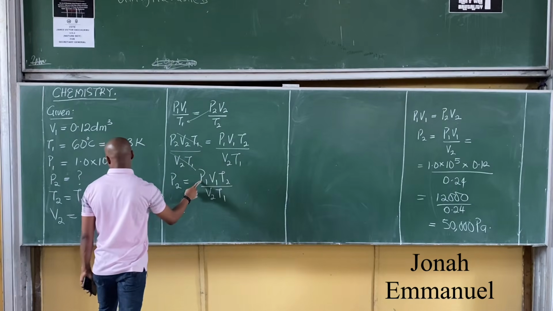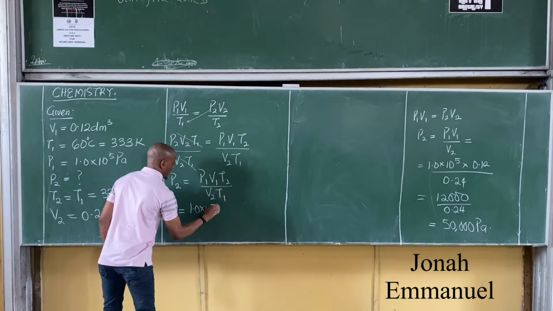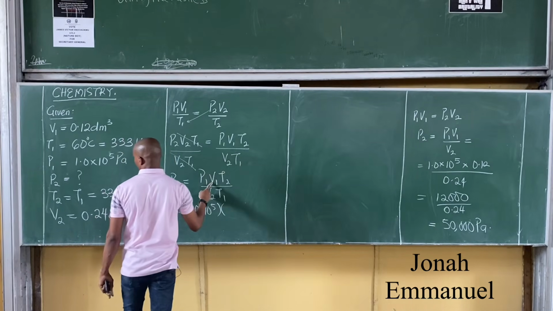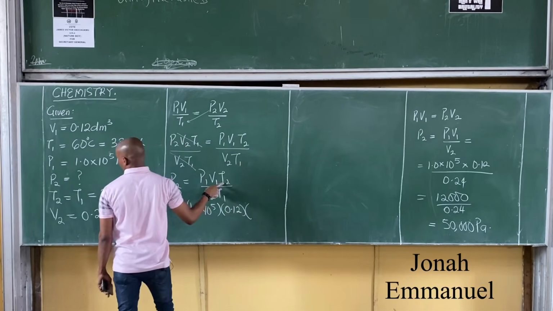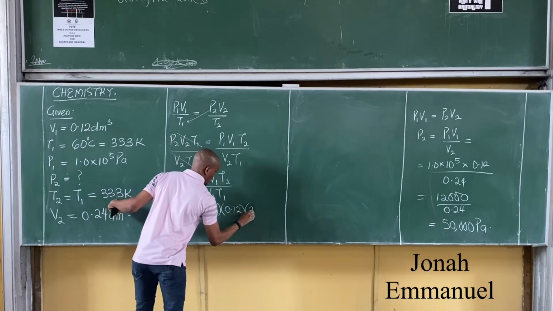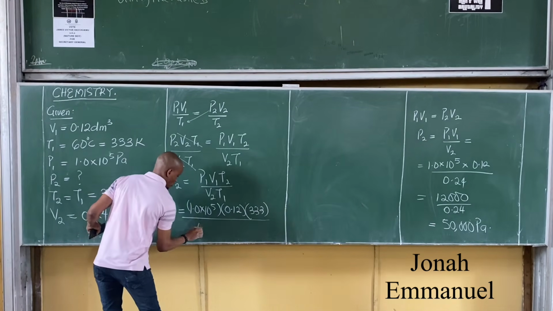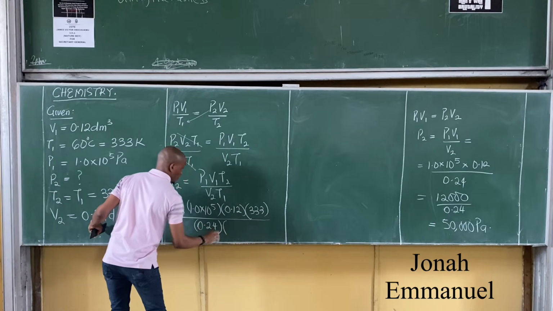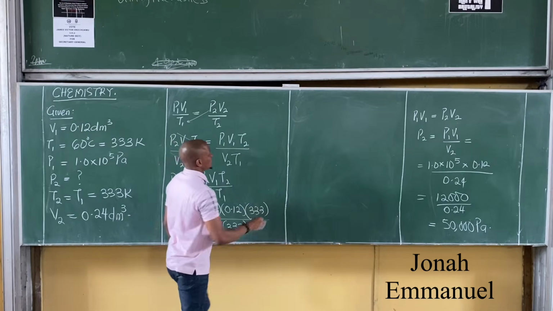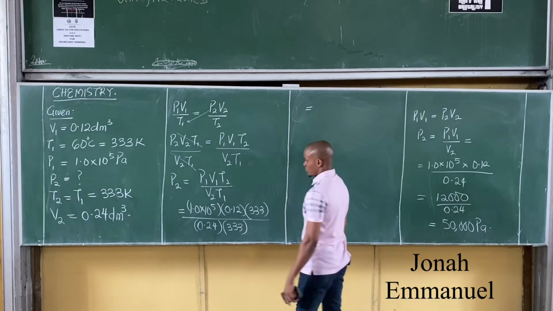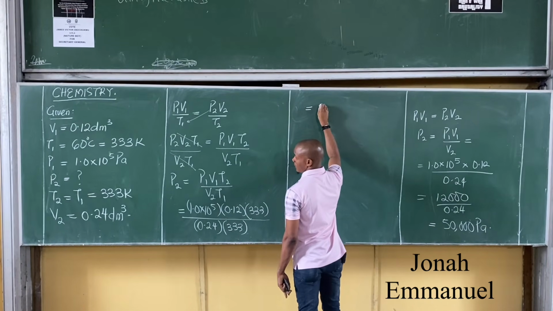P1 is 1.0 times 10 to the power 5, V1 is 0.12, T2 is 333, all over V2, 0.24, T1, 333. Please multiply the numerator. What do you get?